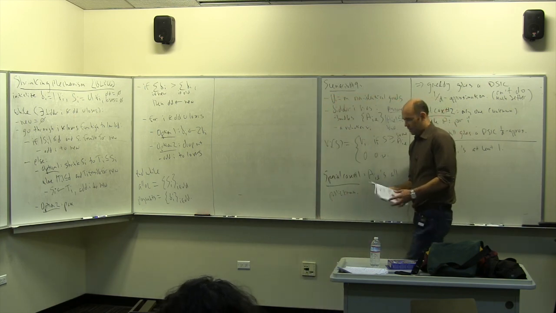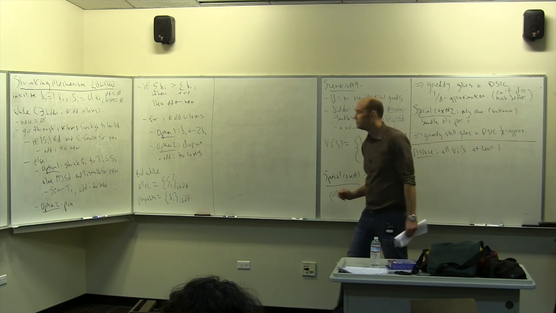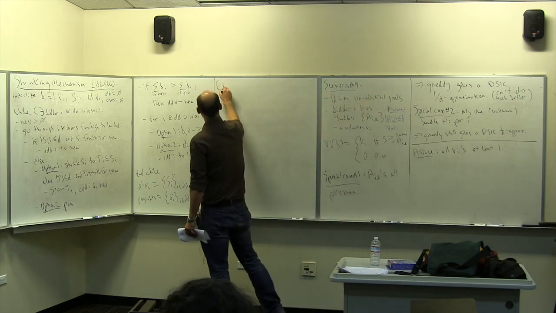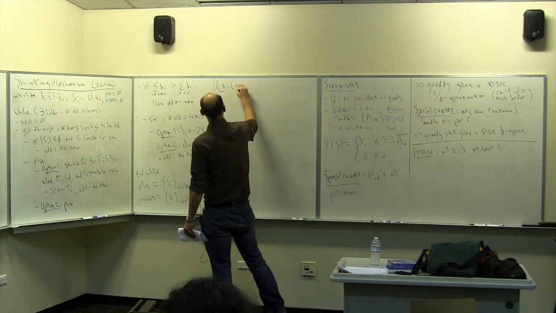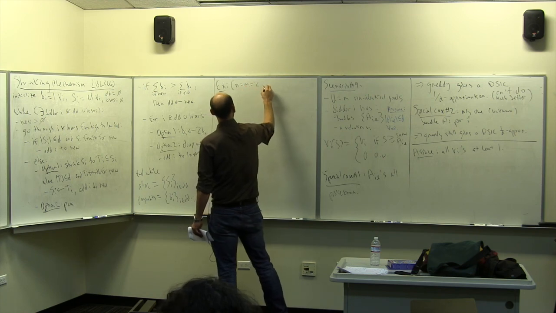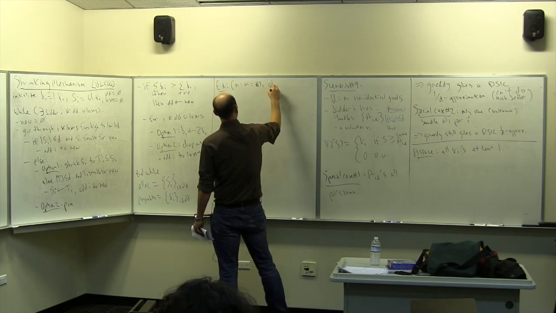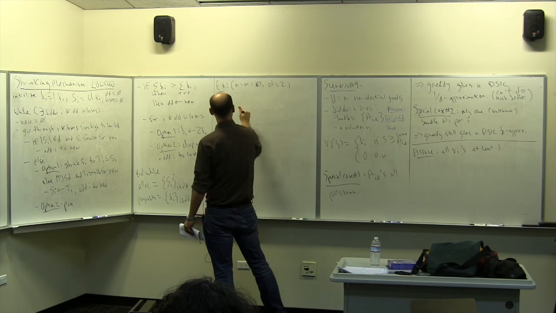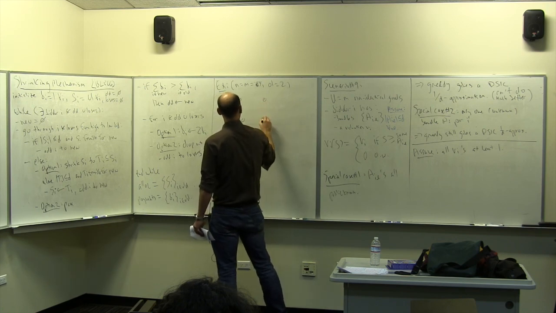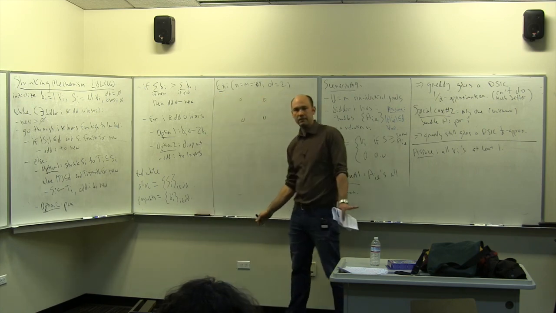Okay. So let me do a quick example. Let's look at 4 bidders and 4 items, and d equals 2. And let's even just do it for a single-minded example.